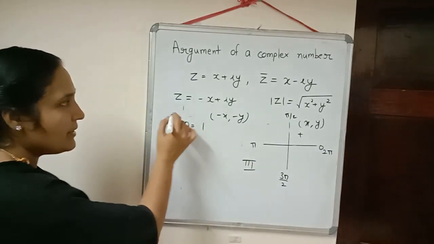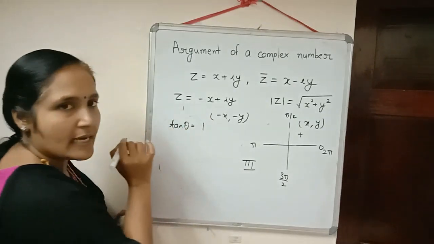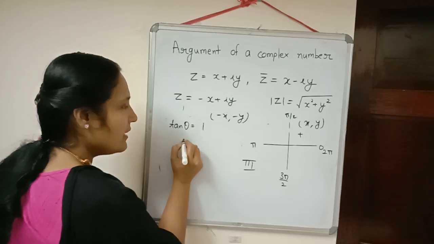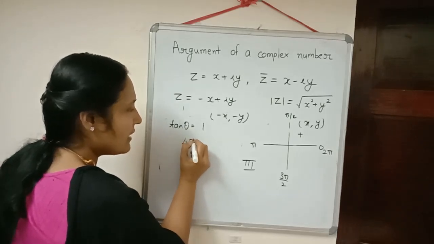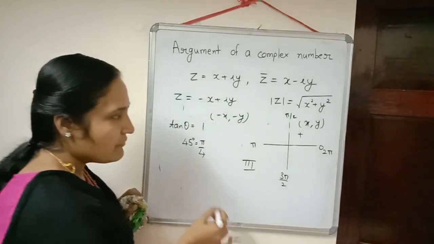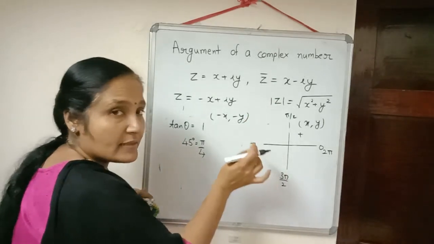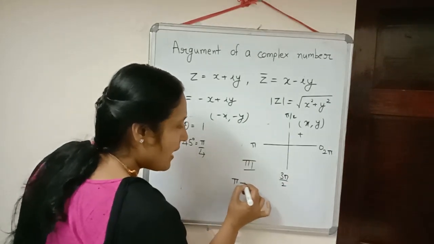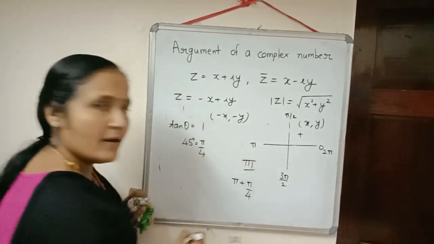But while simplifying, we got tan theta is equal to 1. Normally tan theta gives 1 at 45 degree, so the angle is 45 degree, that is pi by 4. But we have to write the angle in the third quadrant. So how will we express it in the third quadrant? Pi plus pi by 4.